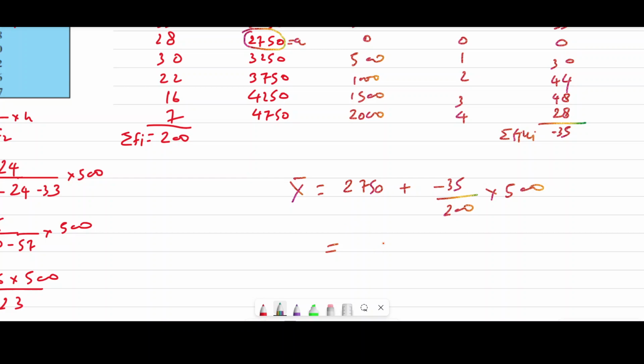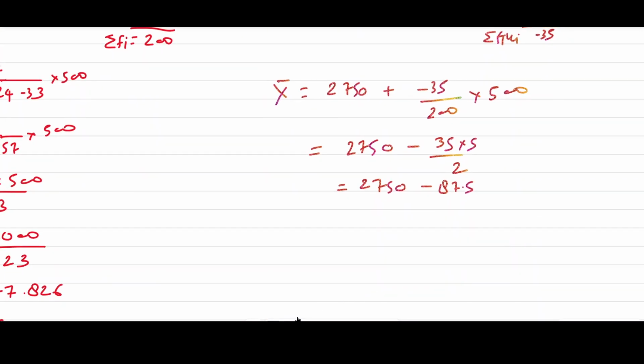Now solve this. 2750 minus 35 by 200 times 500, which is 5 by 2 times 35, that is 87.5. So the mean is 2662.5.